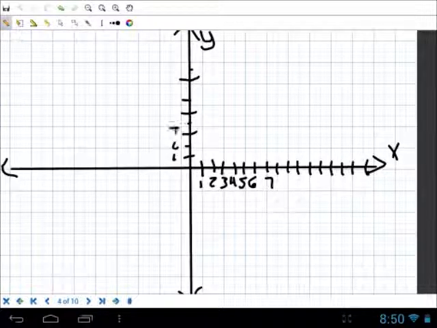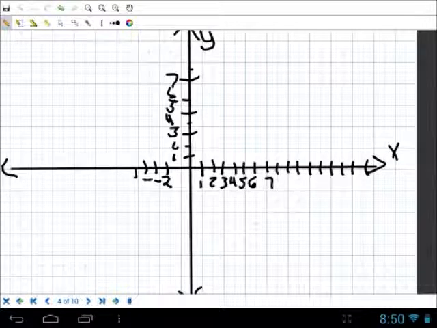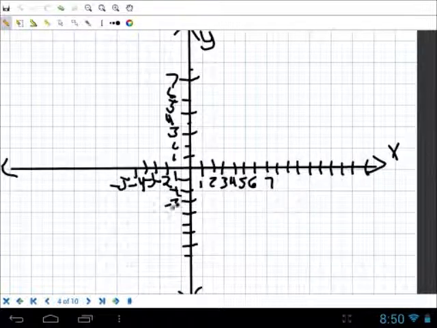And then again, 1, 2, 3, 4, 5, 6, 7, and so forth. Now we're moving left from the origin, so these are going to be negative values: negative 2, negative 3, negative 4, negative 5, and then the same going down: negative 1, negative 2, negative 3, negative 4.